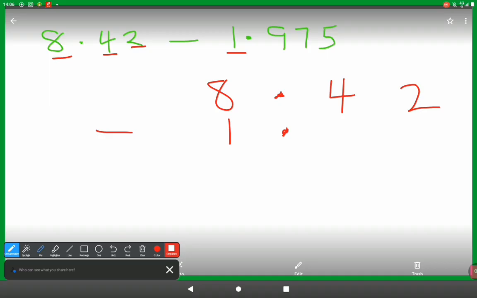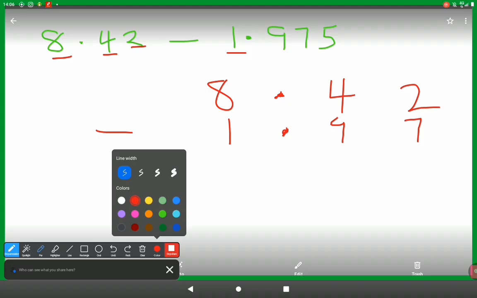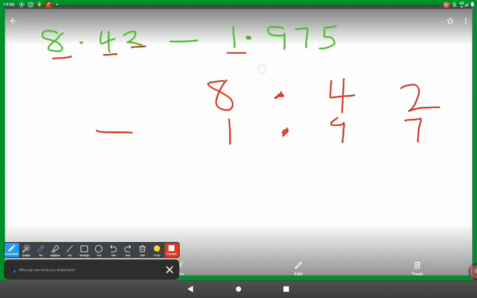So 9 will be put under this, 7 right here. And 5 will be left out because on the upper digits here, we don't have thousandths. So I'm going to create thousandths down there. And if I like, I can just replace this one using 0.